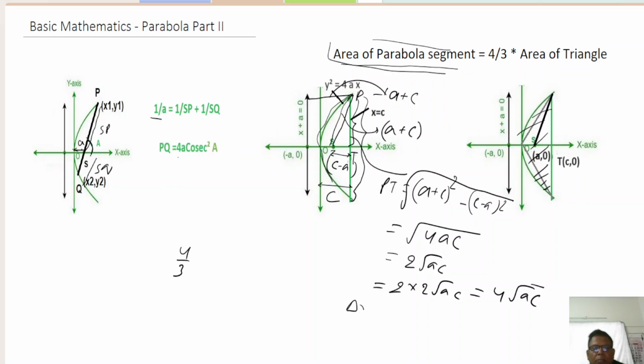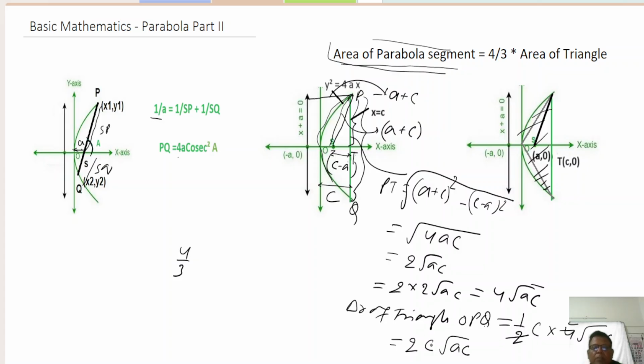First we have to find the area of the triangle OPQ. This is the point Q. It is equal to half into c into 4 root ac, that is equal to 2 into c into root ac.